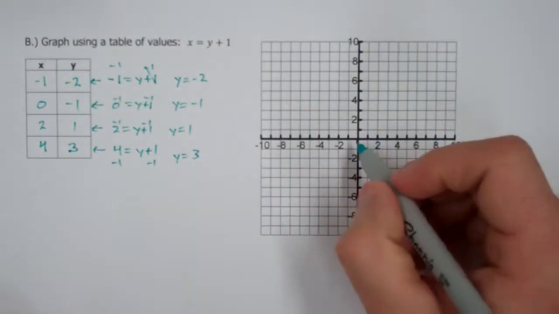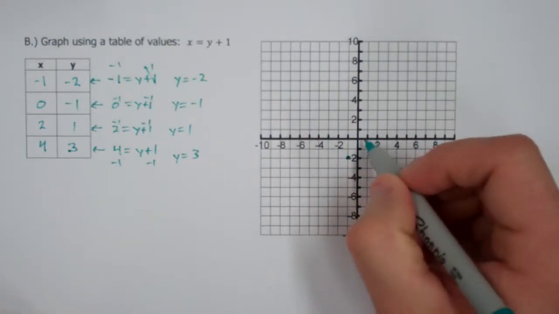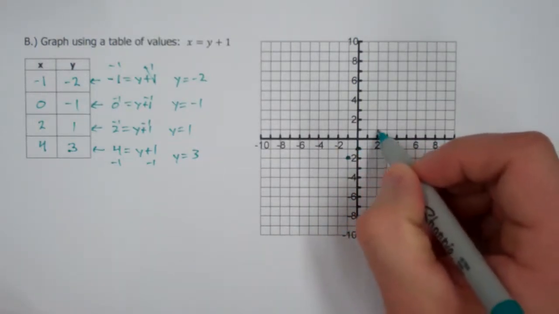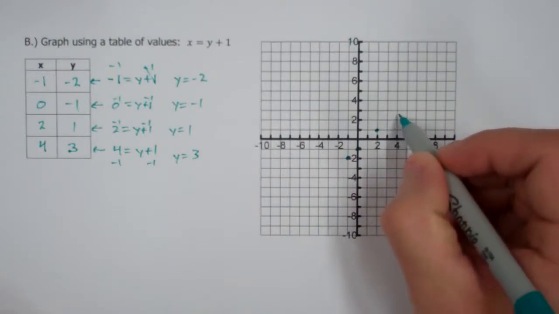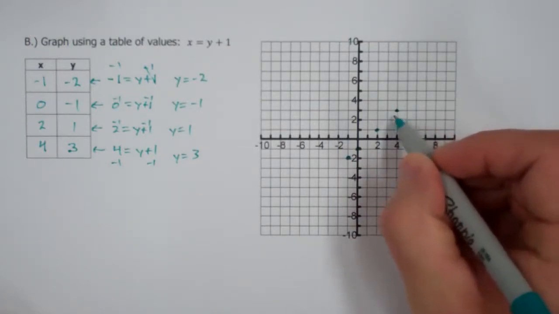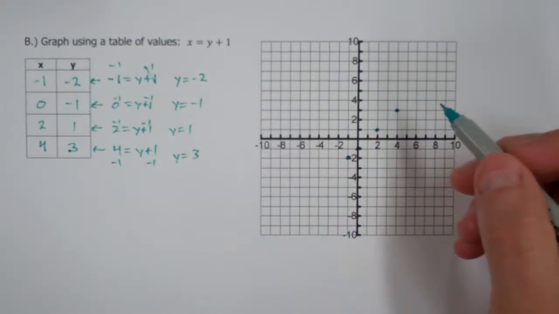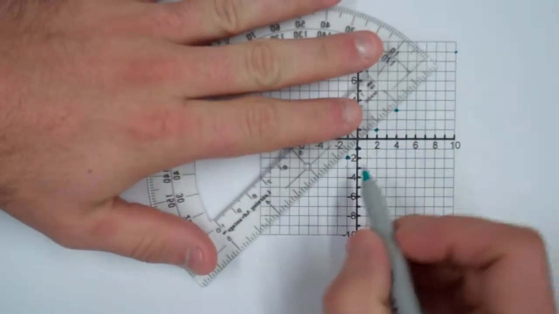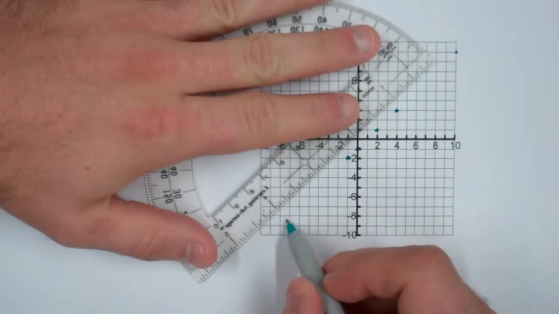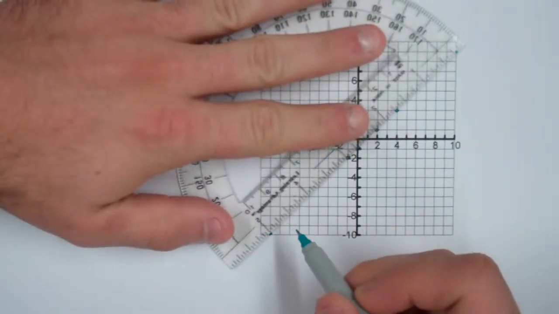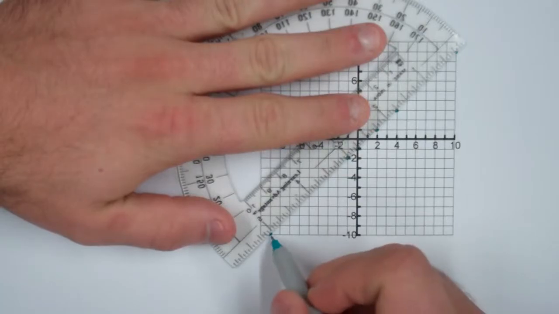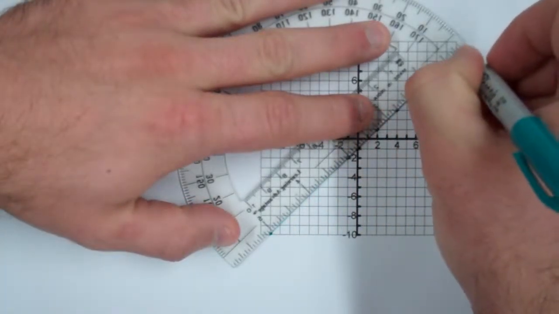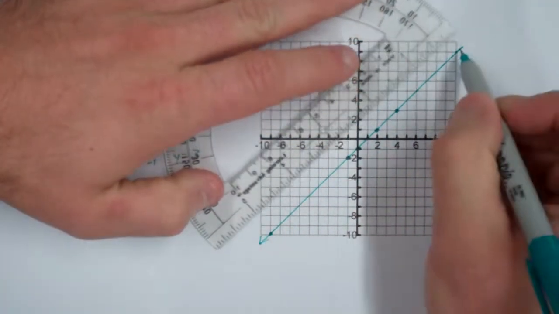Let's plot these points and see if they line up in a straight line. We hope that they do. And 4, 3 would be up here. Looks like they all are in a straight line. I'm just going to extend this a little bit. I know that this line has a slope of 1, and it cuts right through each one of these boxes here. So there we are.